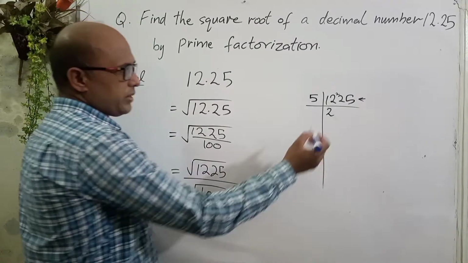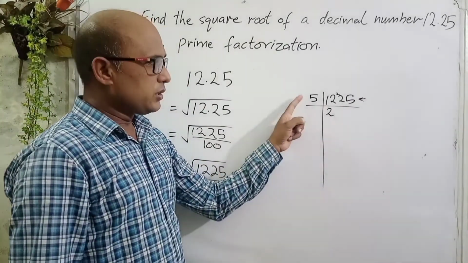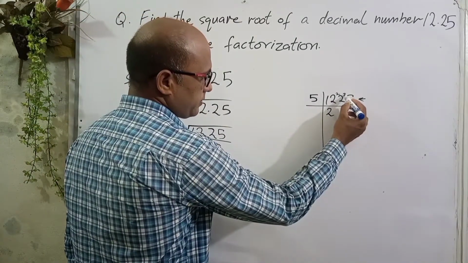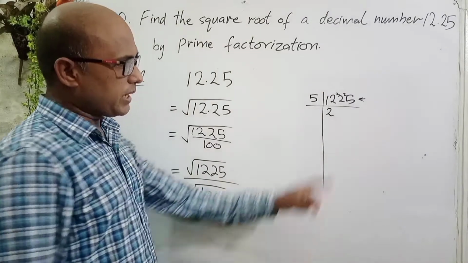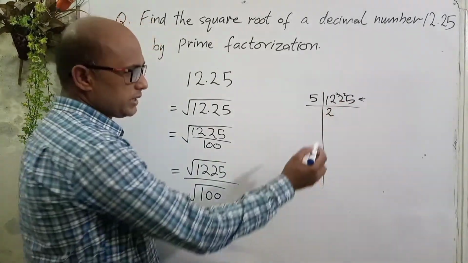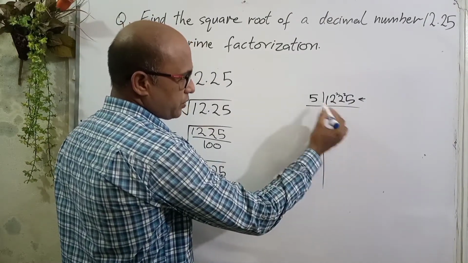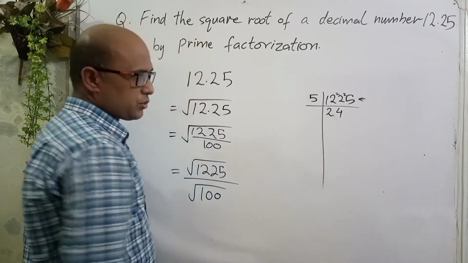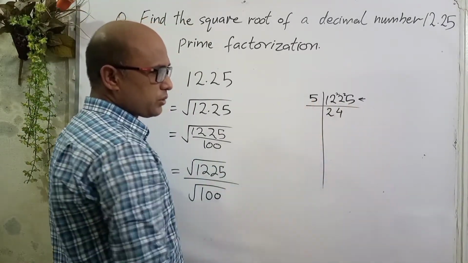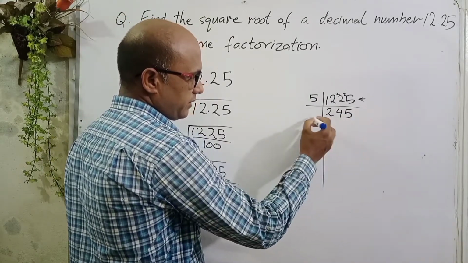So students, 22 is also not divisible by 5. So we'll shift 2 to the next number from 22. The next number will become 25 and 22 will be left with 20. Now 20 is divisible by 5, so 5 4s are 20, and the next number 25 is also divisible by 5, so 5 5s are 25.